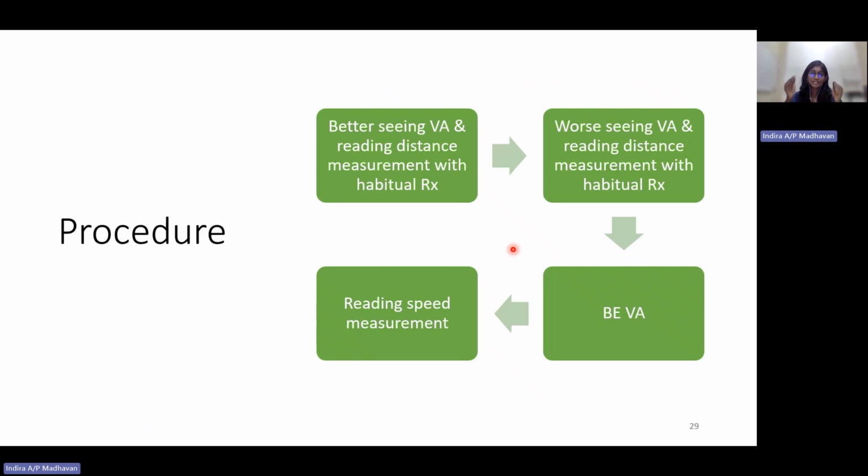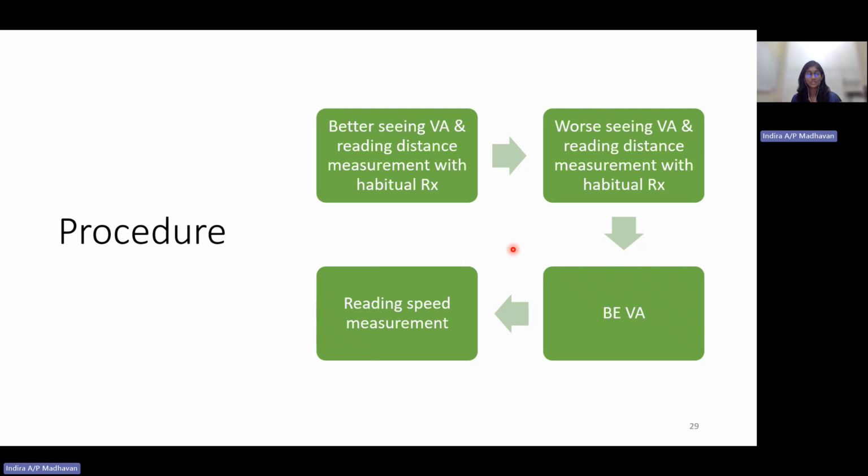Throughout the assessment, the same reading distance has to be maintained throughout the session. After that, measure the best VA the patient could read, then the worst seeing eye, and measure the VA of the worst seeing eye, then the both eye VA.